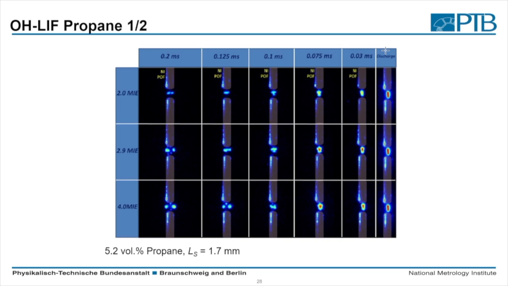And we see here at the beginning it starts in the center, so of course there is a temperature distribution, so near the electrodes it's colder than in the center, and then this enlarges, and here we also see already some kernels outside the system, but here no ignition takes place.